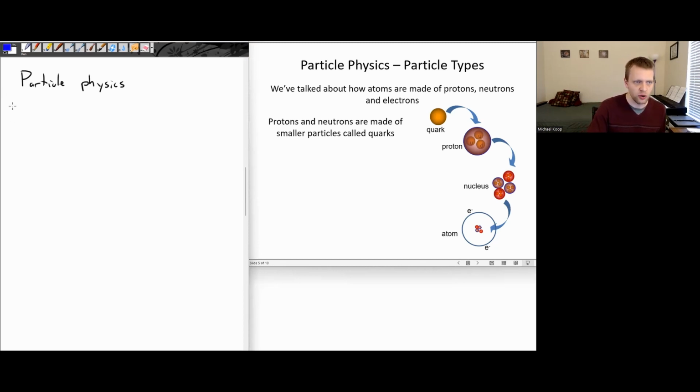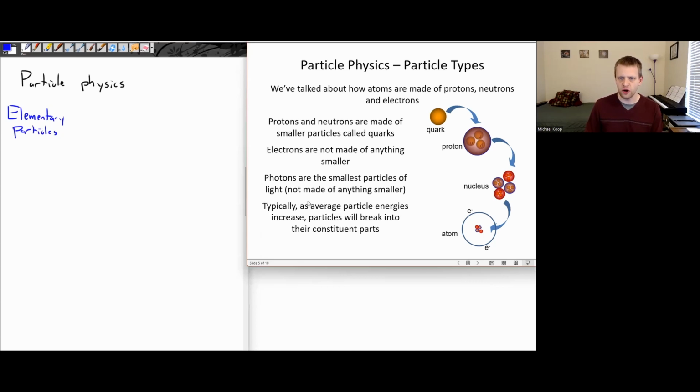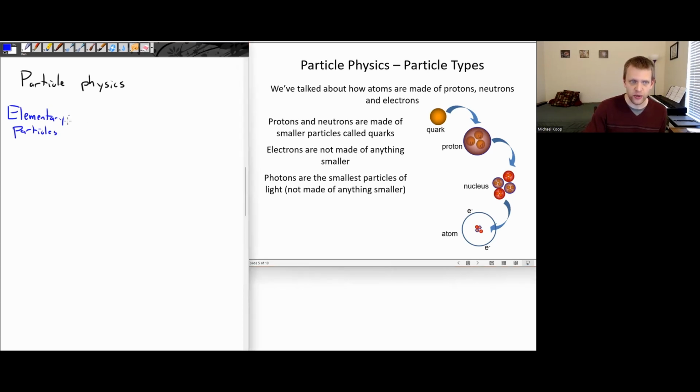So what would be the easiest way to do this? Let's say we've got elementary particles. As far as we know, when we talk about elementary particles, we're talking about things that are not made up of anything smaller. So the elementary particles that we can talk about are quarks.